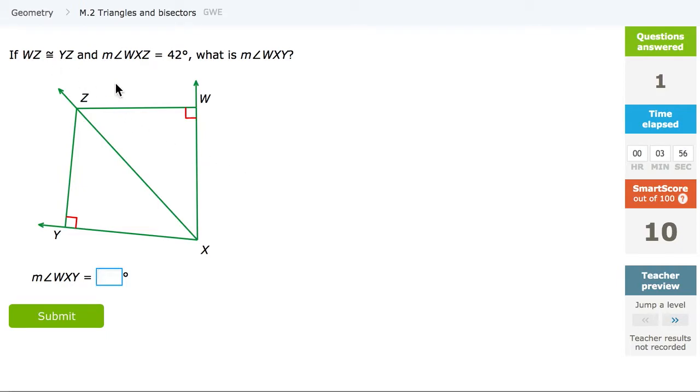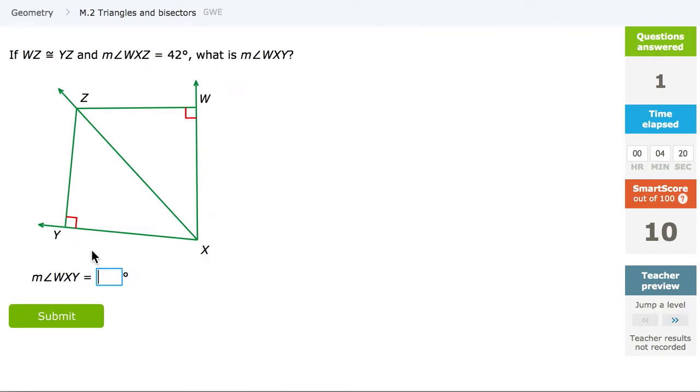So now here's the angle bisector theorem, which we looked at in the key idea. We have the measure of angle WXZ. Where's WXZ? Let's find it. WXZ, that's this angle in here, is 42. And we are looking for the measure of angle WXY.